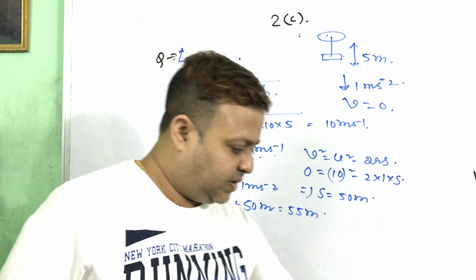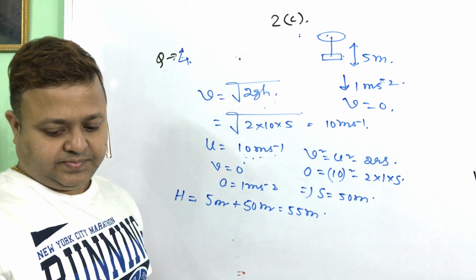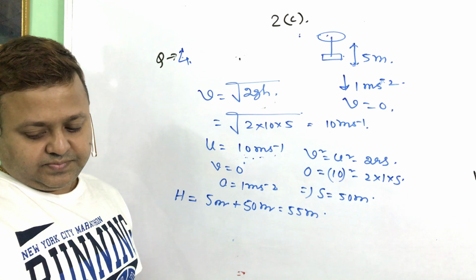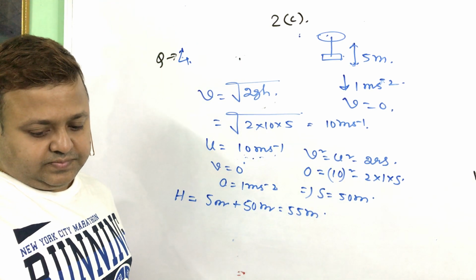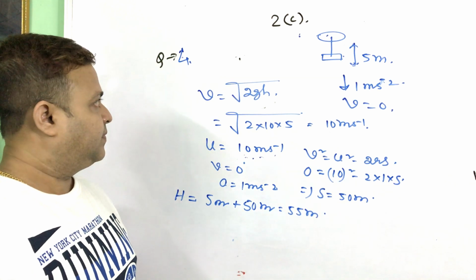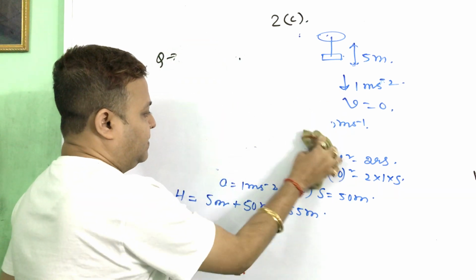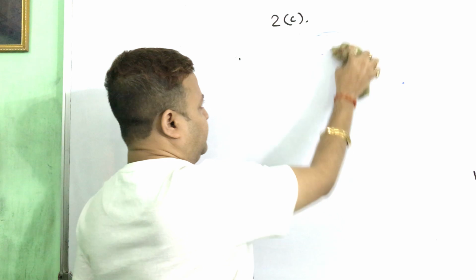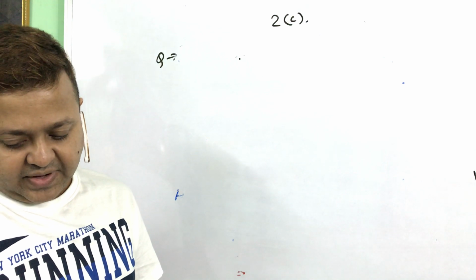Number 5, we did in class, and also gave in the shortcut. Number 5. A ball falls from rest under gravity.